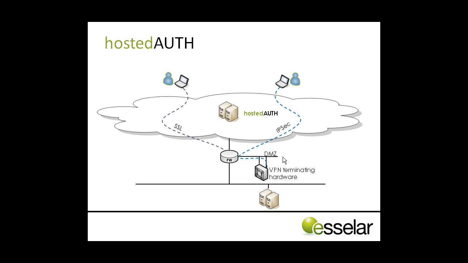As long as we can send radius requests from those devices to the hosted authentication service, then exactly the same process occurs, whereby we challenge those remote users for their two factors, and should all be well, then a positive acknowledgement is sent back internally to those VPN terminating hardware or other systems, and the users are allowed to connect. And it's as simple as that.